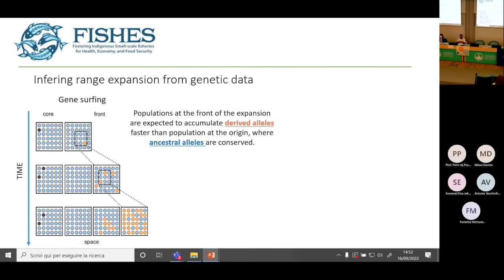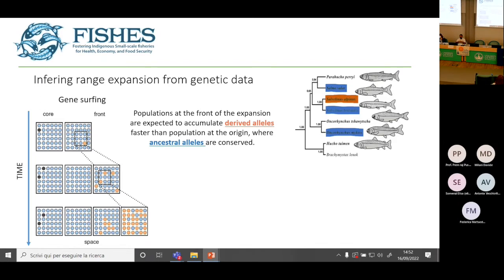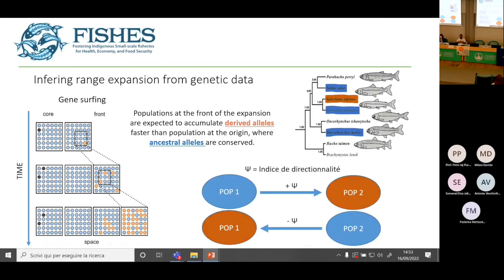To identify those derived versus ancestral alleles, we compare our data to whole genome data from other cousin species: Atlantic salmon, species of Pacific salmon, and we also have the rainbow trout in there. So it's similar to the FST in that you compare two populations, but you compare the amount of derived versus ancestral alleles.